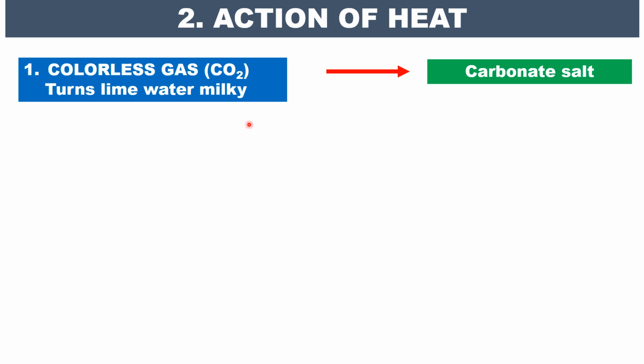You bring the two tubes closer in a slanting position so that the CO2 gas goes into the lime water test tube, and the CO2 gas reacts with calcium hydroxide to form calcium carbonate, which turns lime water milky.